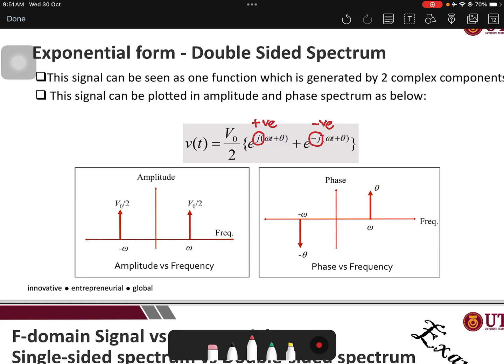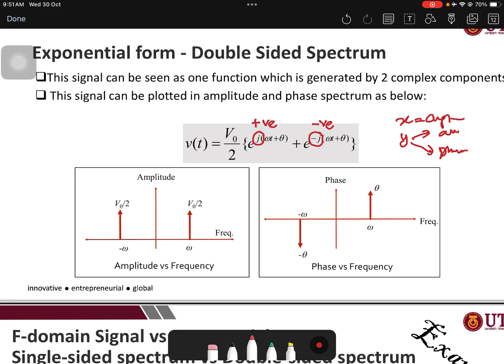For both, you need to draw the amplitude spectrum and also the phase spectrum. Again, the x-axis is similar: the x-axis is your angular frequency and the y-axis depends. If it is the amplitude spectrum, it is the amplitude, and if it's the phase spectrum, it is the phase.